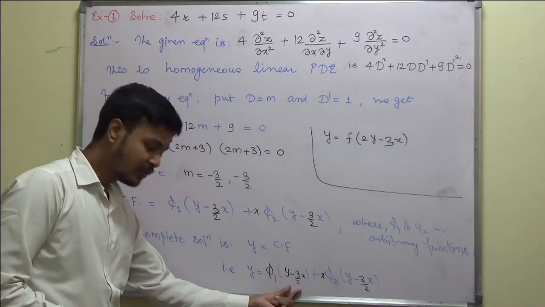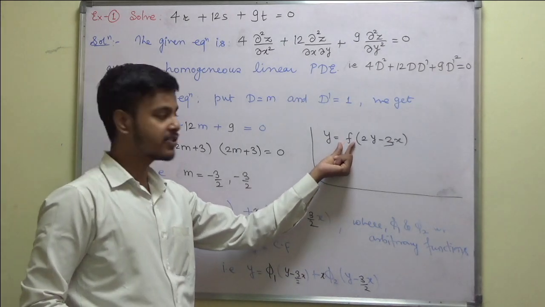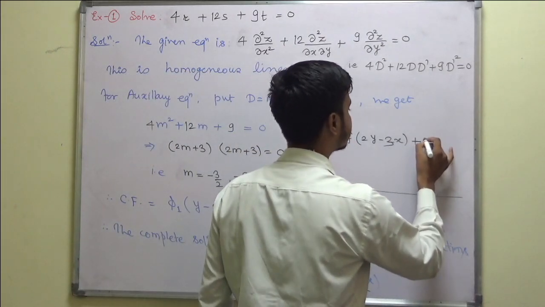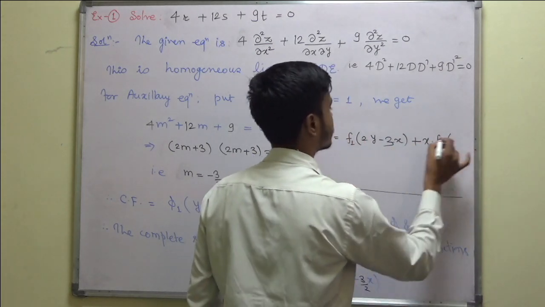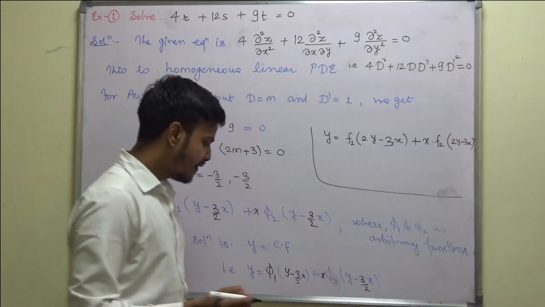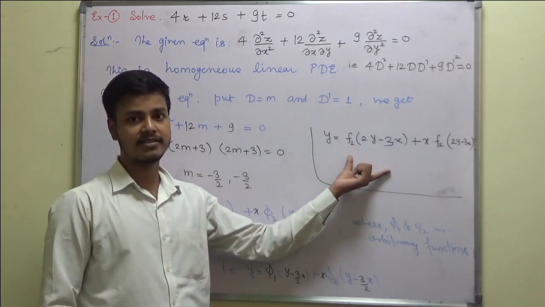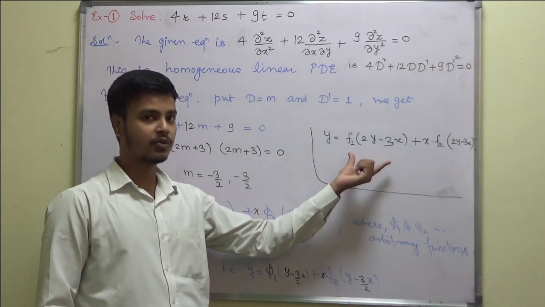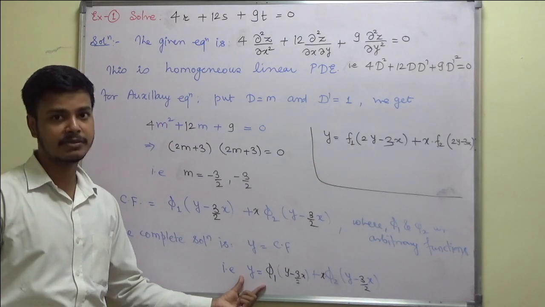So the 1 by 2 is absorbed by phi 1 and I write some different function f1, plus x into f2 of (2y minus 3x). If you write up to this, that is also correct. This is the more precise answer. If you find this difficult to write, then don't write. This is also acceptable.